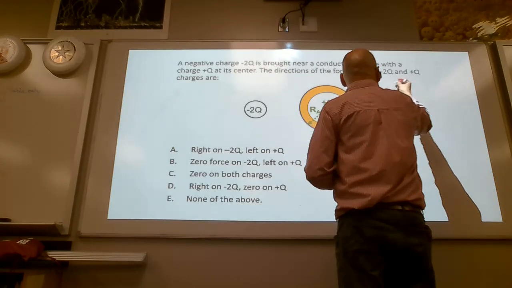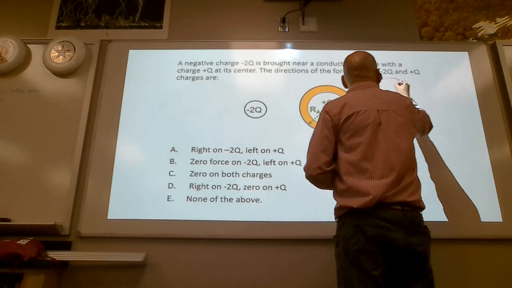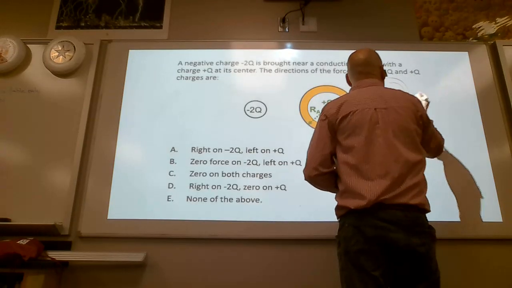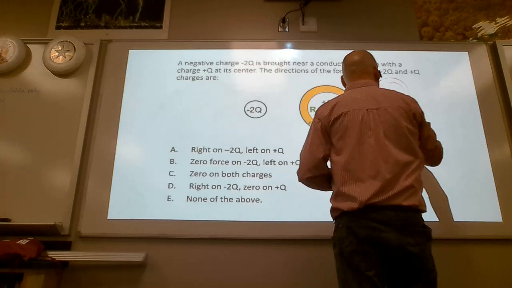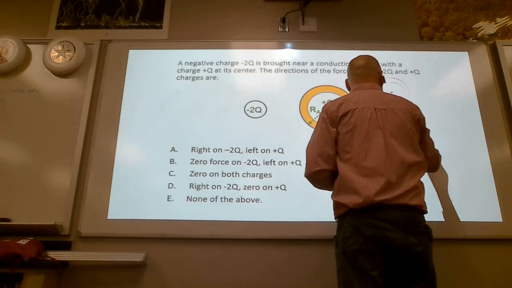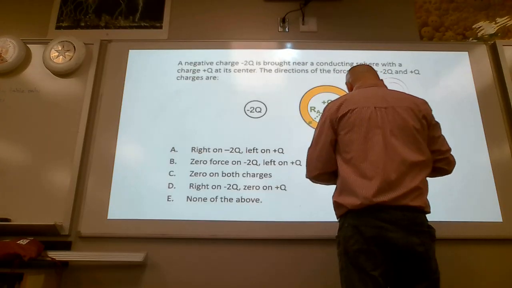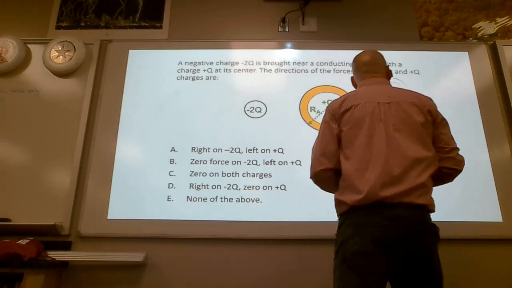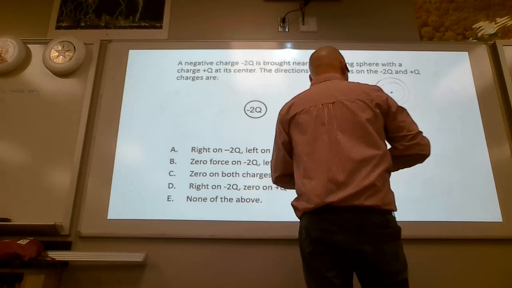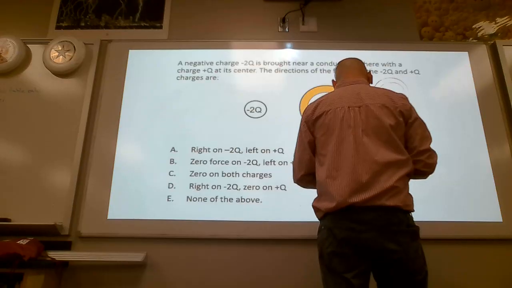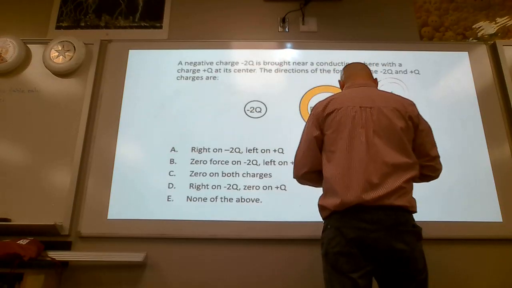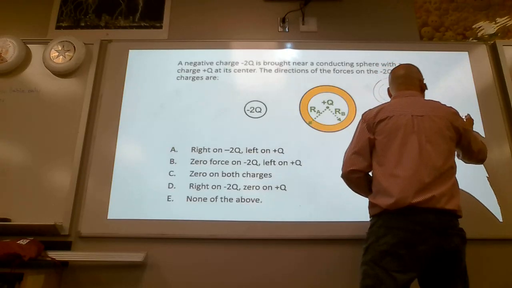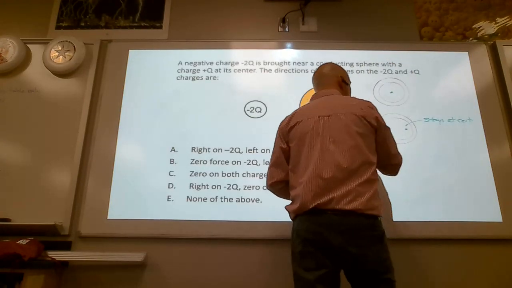You see where I'm going here? Option A would be, as this moves, it progresses like that. I should draw it over here, but I don't have any room. Option B is that this stays stationary. Option C, this one moves.